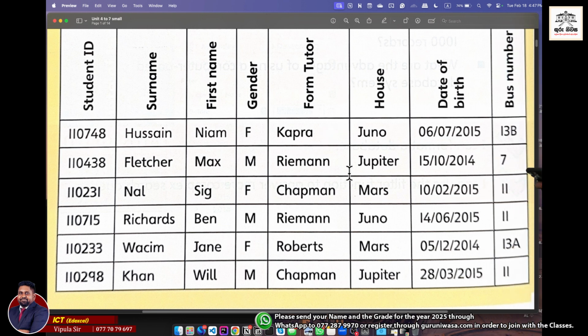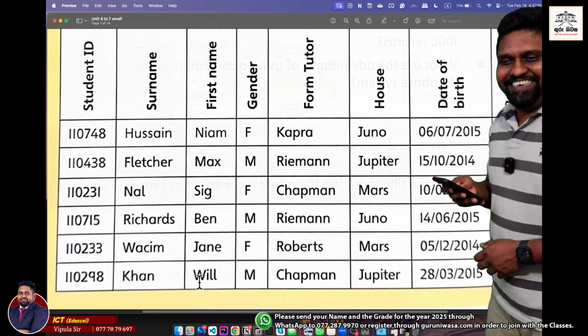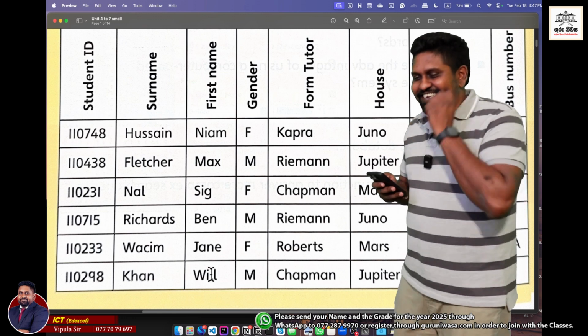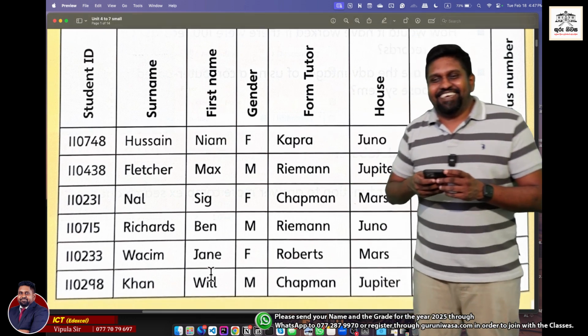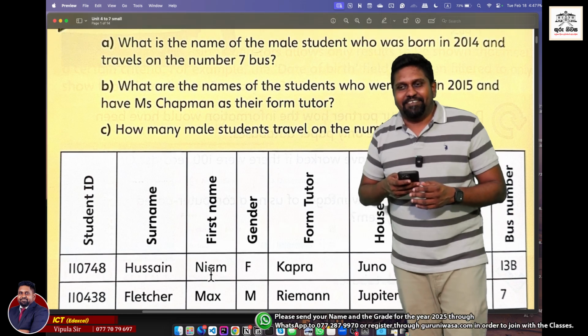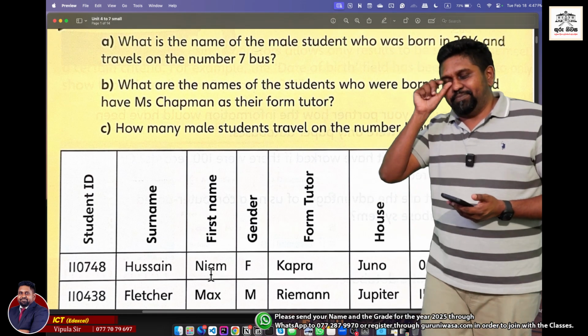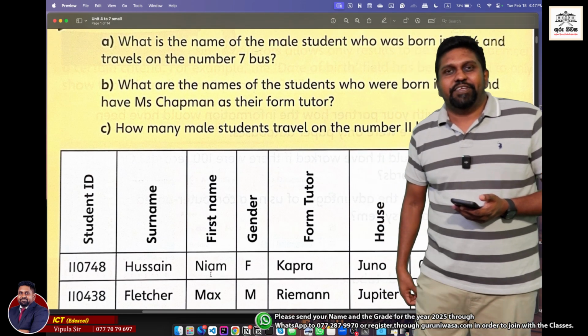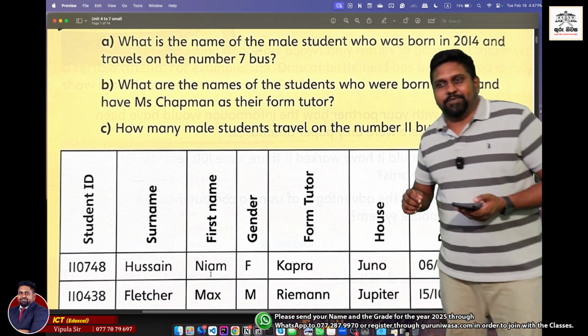We filtered according to the tutor, so it's Chapman, and we found out who are the students who were born in 2015, and it's Sig and Will Khan. Okay. So can you write that down as well? If you have the book, just put the number and put a note in front of it. Otherwise, you can write the question. I'll give you a minute.